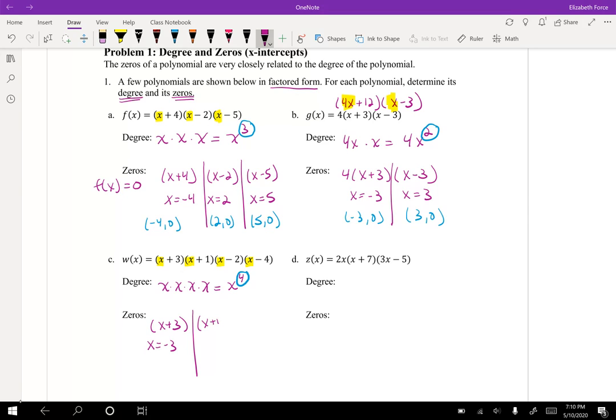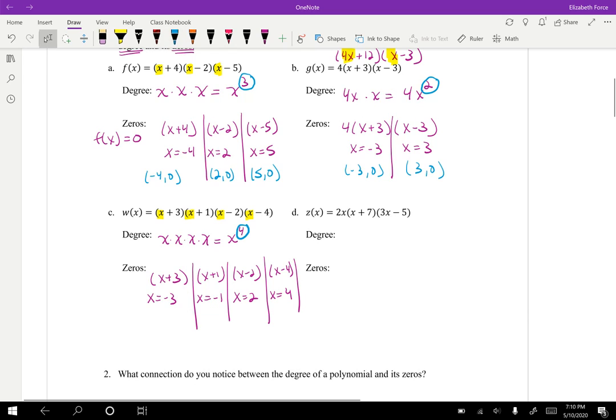For the second factor, we have a 0 at negative 1. For the third factor, we have a 0 at 2. And for the last factor, we've got a 0 at 4. A lot of x-intercepts: (-3, 0), (-1, 0), (2, 0), and (4, 0).